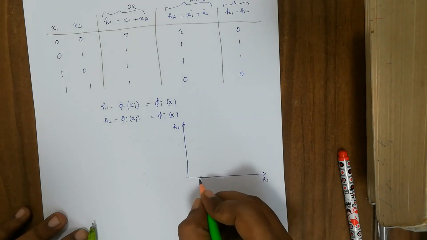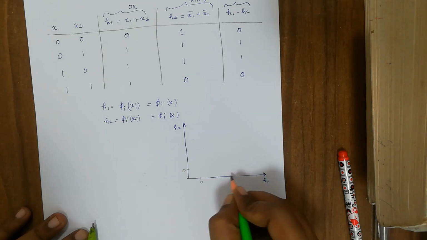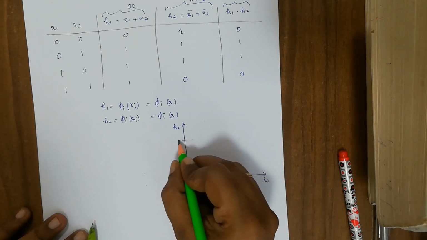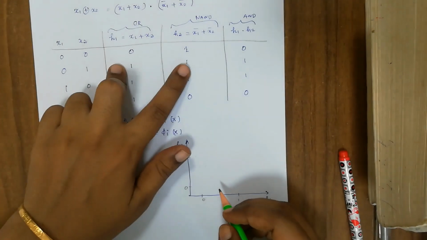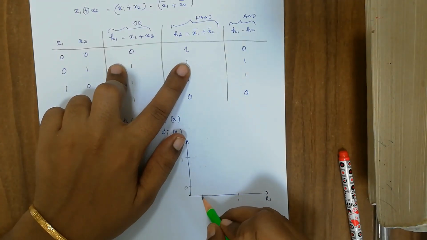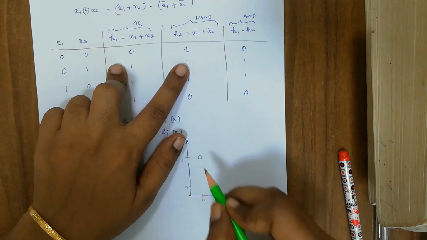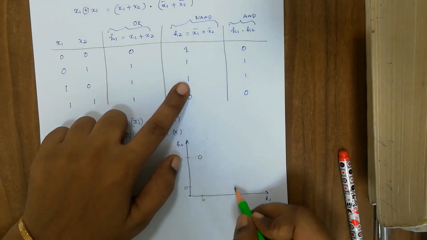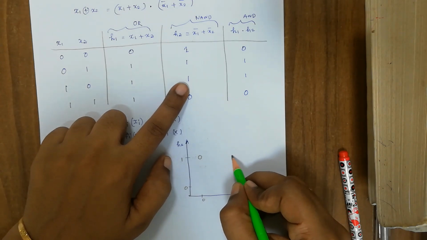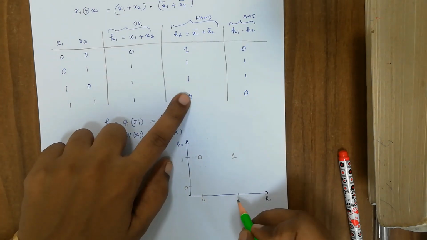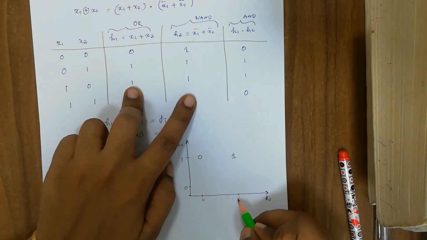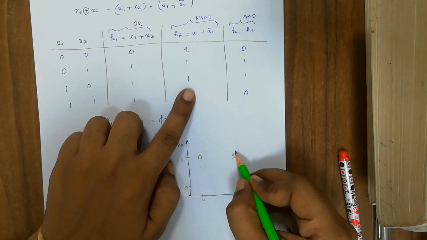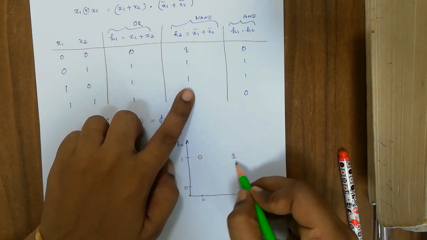Now given this, 0, 0 and then 1, 1. Okay, 0, 1 gets mapped to 0. And then 1, 1 gets mapped to 1. And then h1 value, h2 value, 1, 1 gets mapped again to 1.